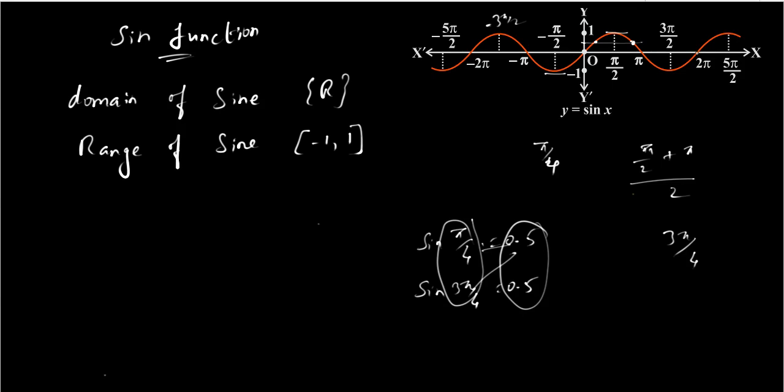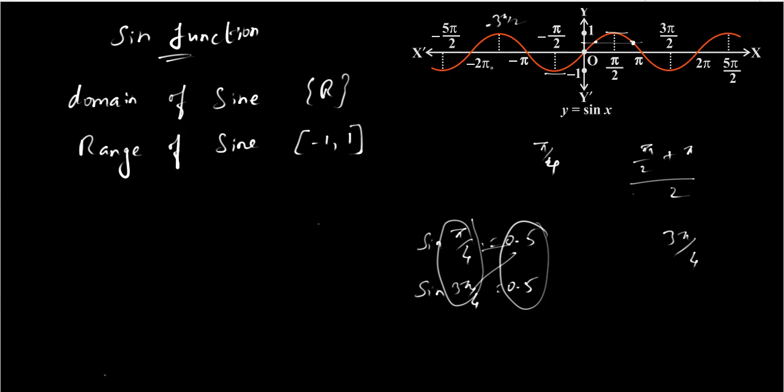If we take x as the set of real numbers from 0 to infinity on the positive side and negative infinity on the negative side, the whole graph, definitely at each and every point the value is not unique. So it is not 1 to 1, so the sine function over the whole range does not have an inverse.